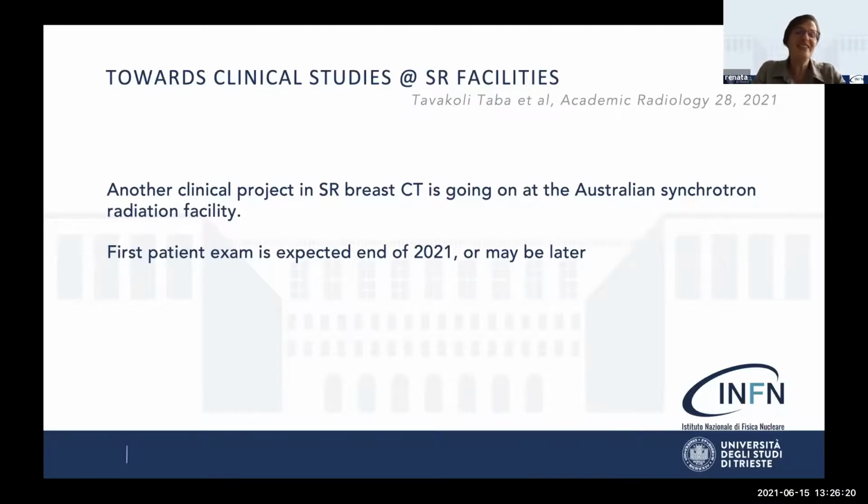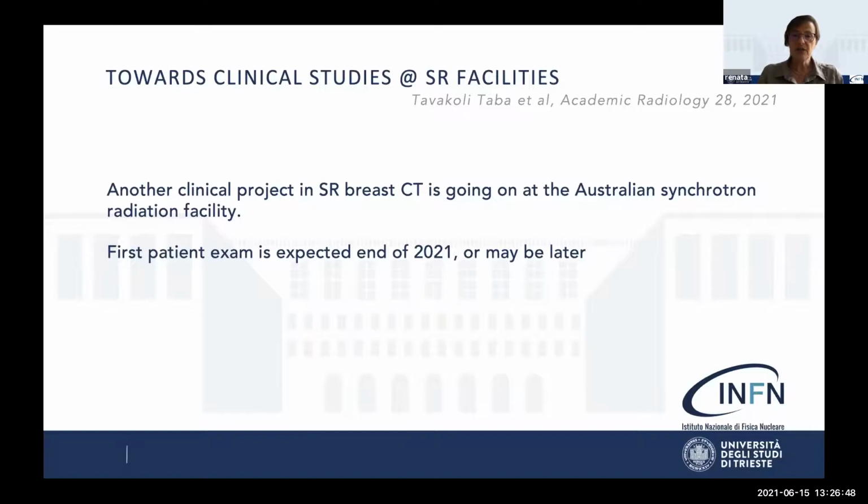Before the COVID-19 pandemic, the first patient exam was expected by the end of this year, 2021. They are a little bit later. As far as I know, the first patient is not scheduled yet, but they are quite close to this target.